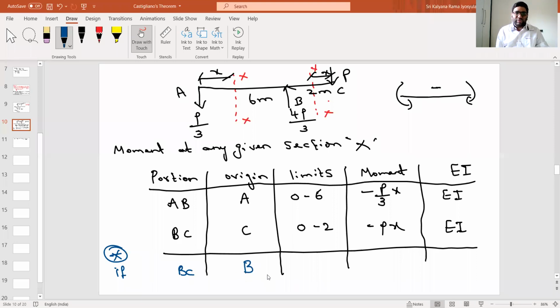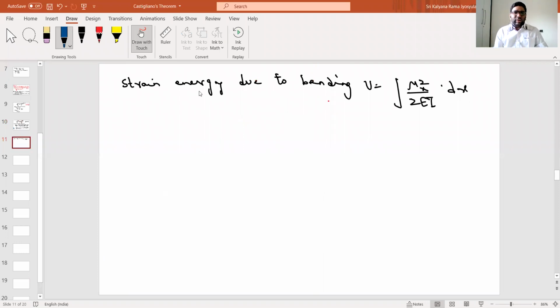For BC with B as origin, 0 to 2, the moment is 4P by 3 into x. From the calculation point of view, to make the bending expression simpler, we took C as origin. Otherwise it can be B as origin also, no worries. So strain energy due to bending is given by this.